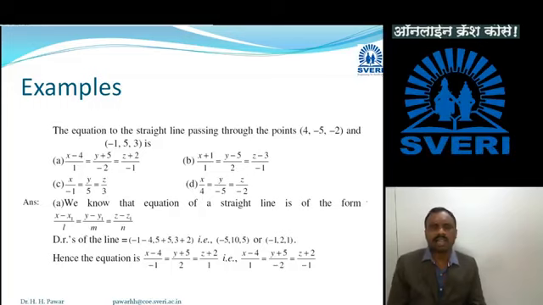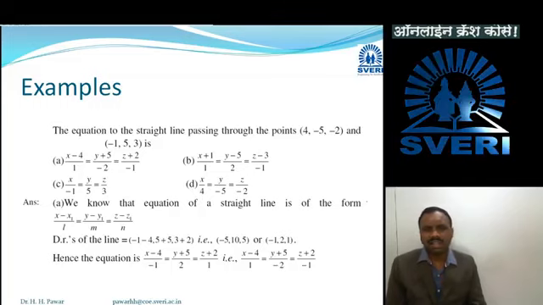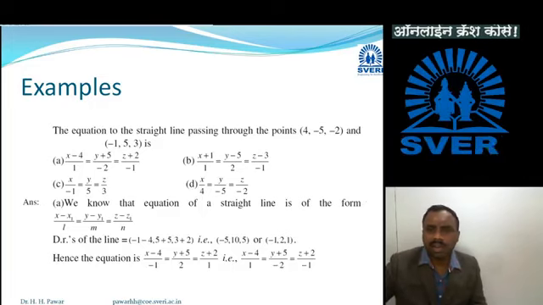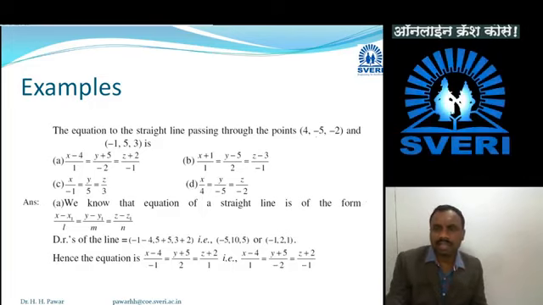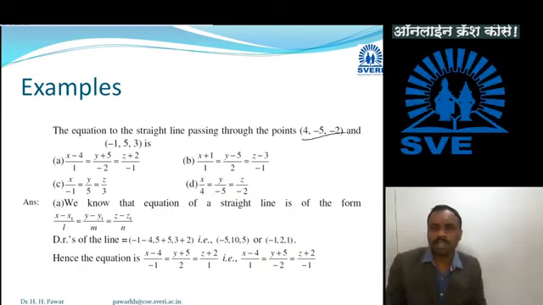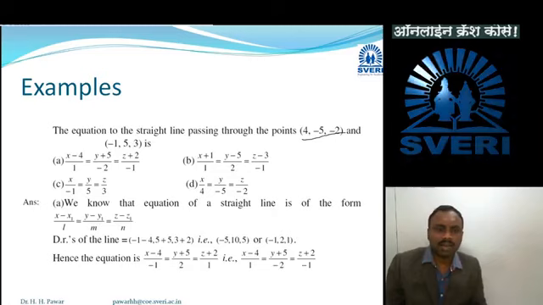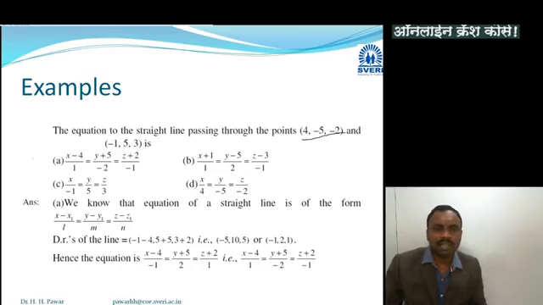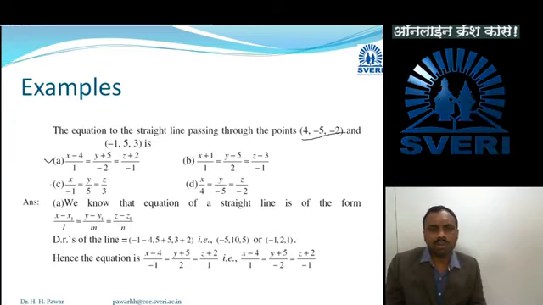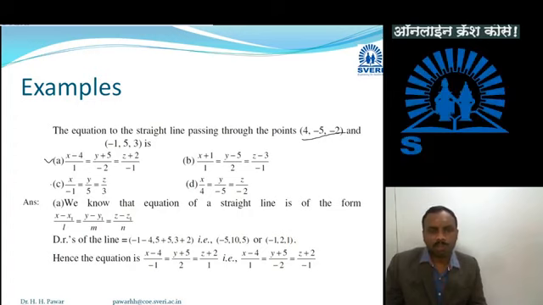As here we have to find out equation of straight line and points are given on that straight line, hence always go by options, that is put any point here. If you consider this point 4, minus 5, minus 2 and directly put it in the option, if you observe here, if you put x equal to 4, 4 minus 4 is 0, then minus 5 plus 5 again 0, minus 2 plus 2 again 0.